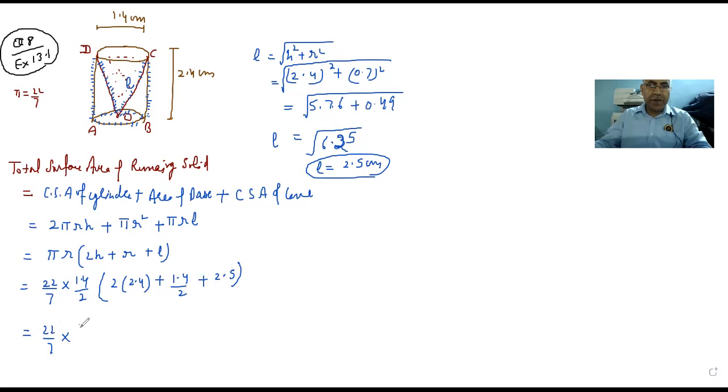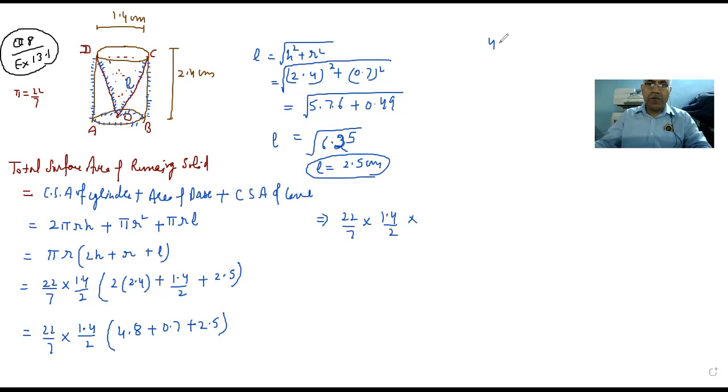So this is 22/7 into 1.4 upon 2. So this is equal to 4.8 plus 0.7 plus 2.5. Calculations we will do at the end.